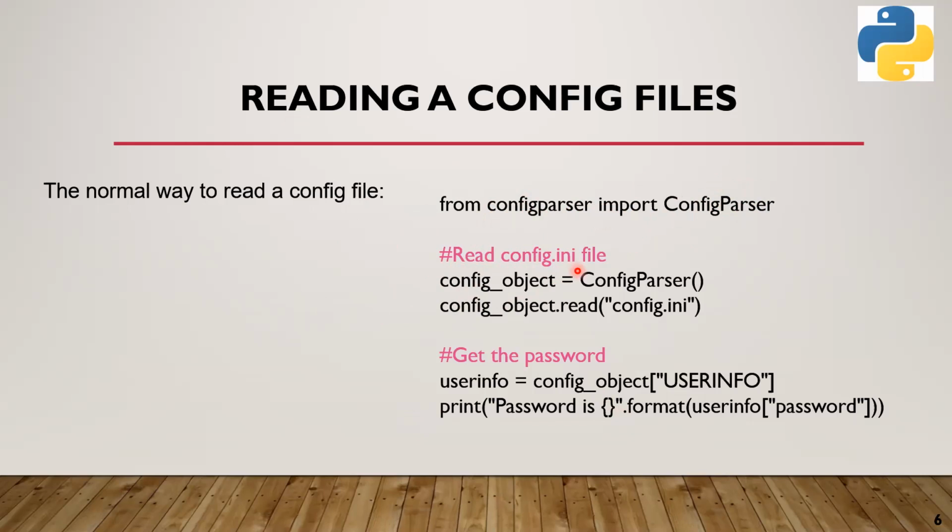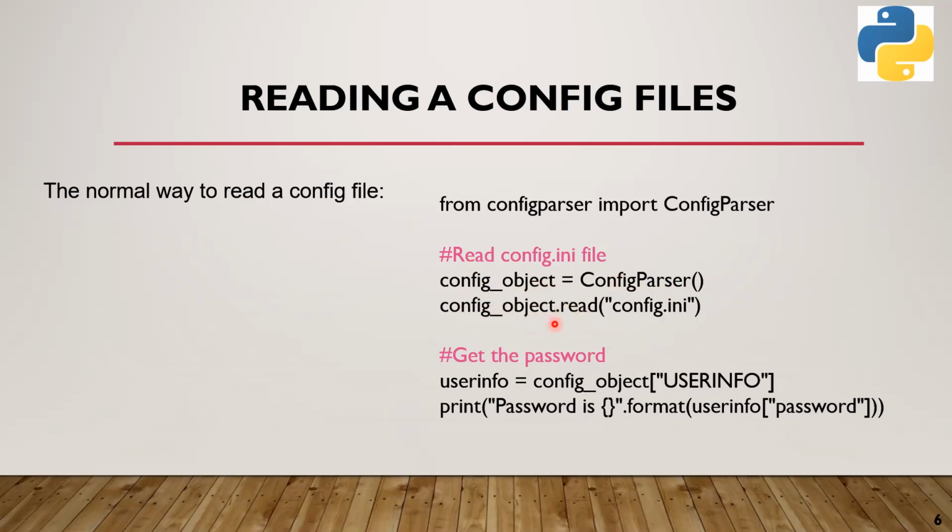But before that, you need to create an ini file first. These are all the syntaxes. You can have a config object, whatever name you have given for that object file, equal to ConfigParser. Now you are calling that ConfigParser, and then you will actually be reading it.